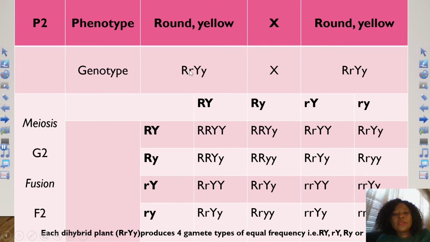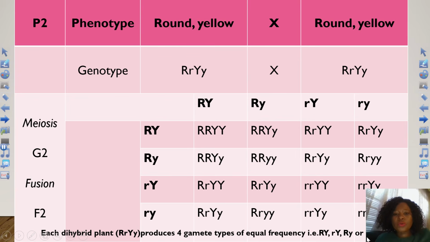The third option is the small r can combine with the big Y, and therefore you get that gamete over there, which is small r and big Y. Then lastly, the small r and the small y can come together and they give us a gamete that is small r, small y. So for the second parent, here are the gametes on the left-hand side, and they are exactly the same as the ones that we put up here for the first parent.